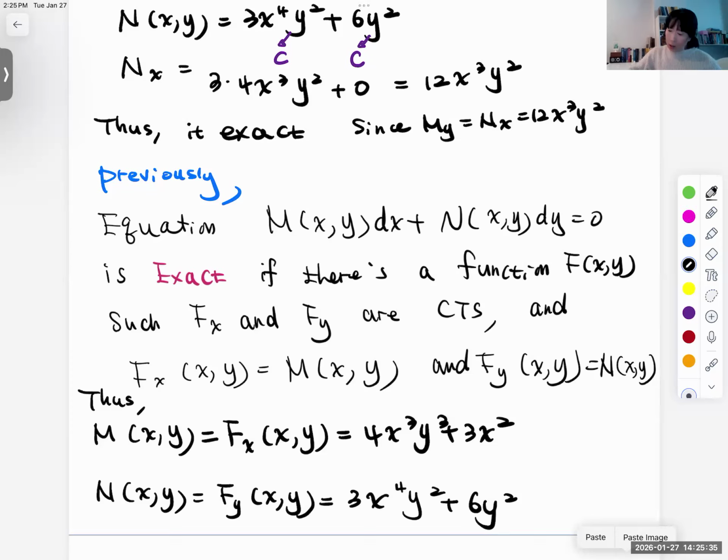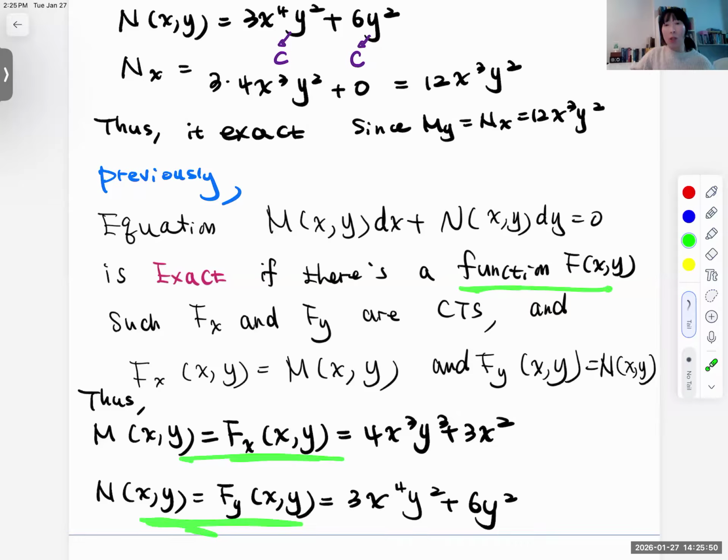Now, if this is exact, we already showed that, right? But then, if we have this, we can find the original function easily, because we just do the antiderivative with respect to x and with respect to y, like what we did earlier, right?